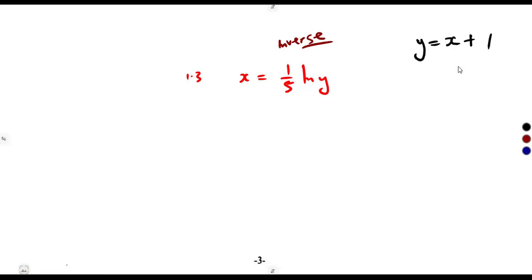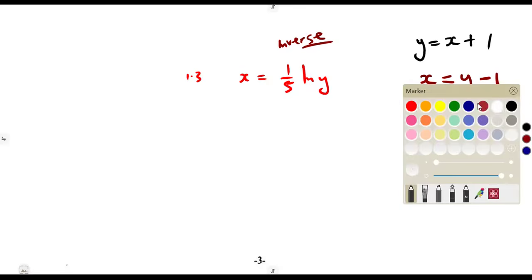On this straight line that I'm having, it can be given with x as the subject of the formula. Guys, I can play around with this question and make x the subject. So it will be y minus 1 is equal to x. So I can decide to write it starting with x and say x is equal to y minus 1, like this.